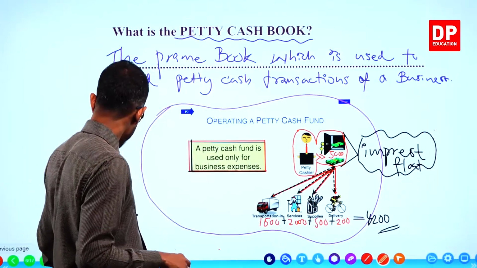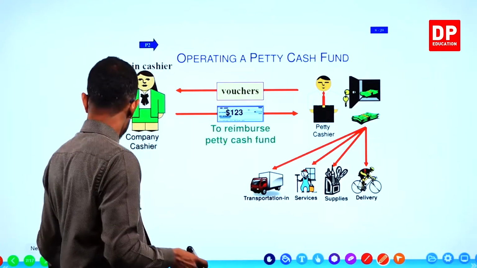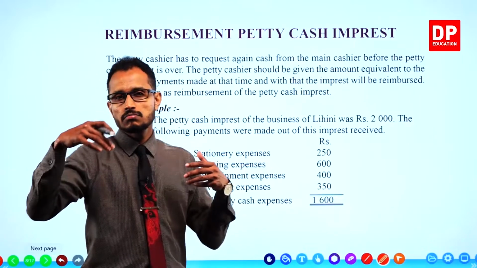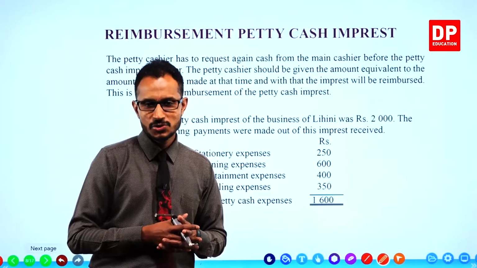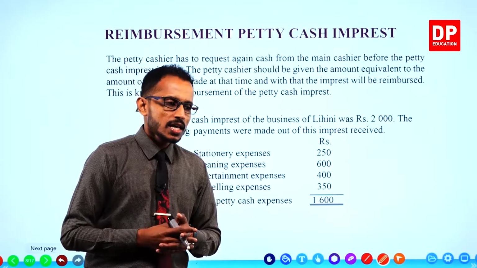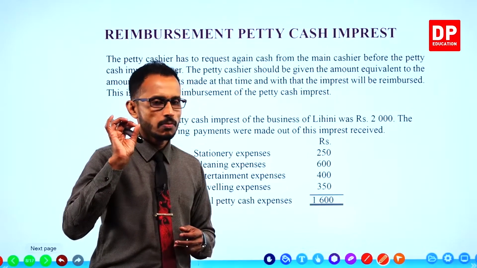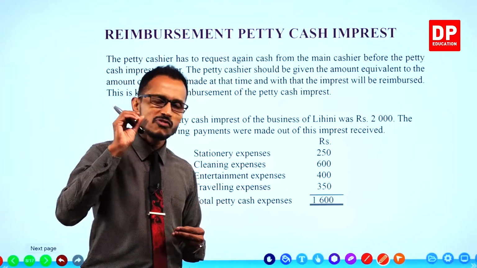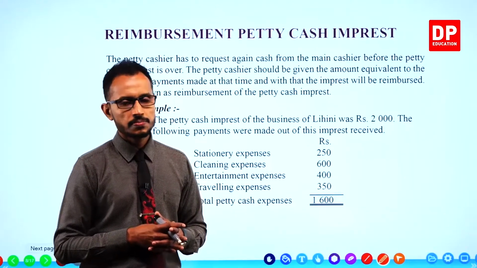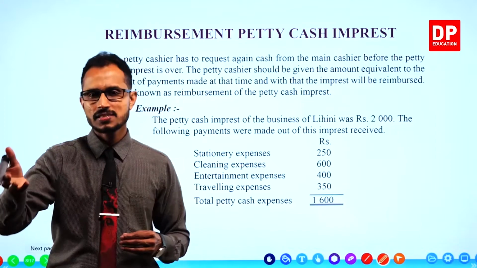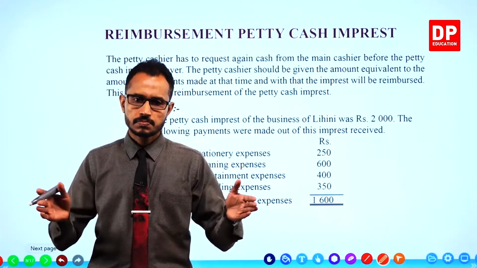If you are requested to define or explain imprest, a float, you should say the petty cash imprest is the amount of money or the fund which is kept by the petty cashier for petty cash expenses during a certain period of time.